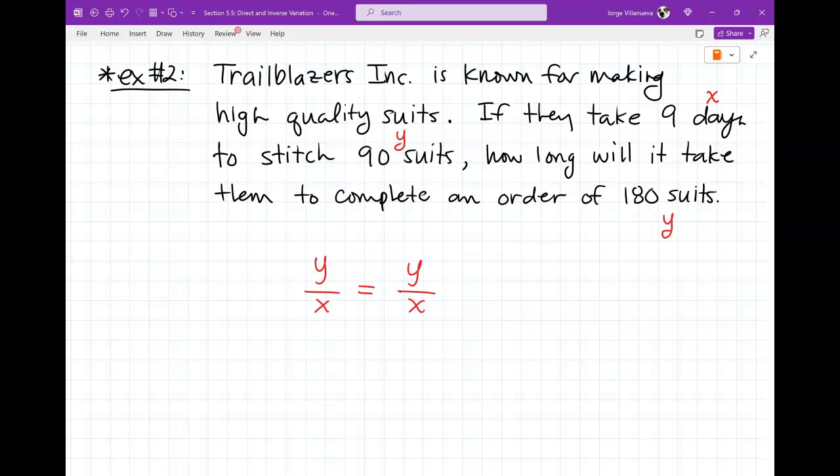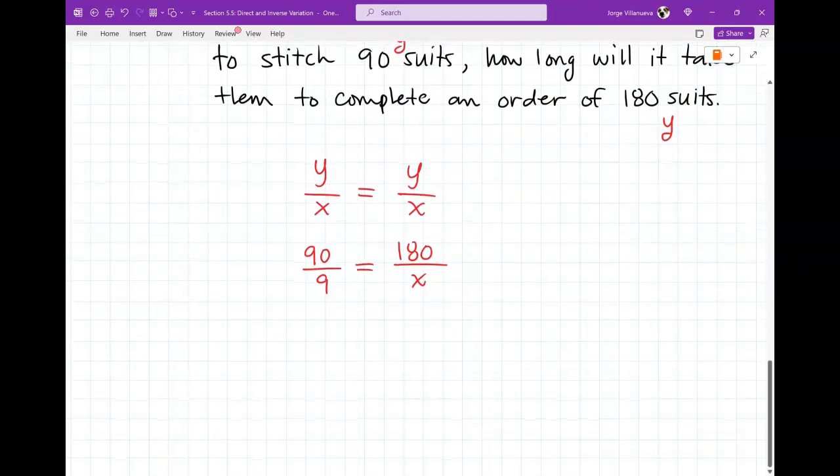Okay, so let me start filling it in. 9 days for 90 suits. So 90 over 9. And then the other one says 180 suits, but I don't know how many days, and that's the thing I'm trying to figure out, right? How many days does it take to do 180? So again, I would recommend you reduce this. For example, 90 over 9 becomes 10 over 1.